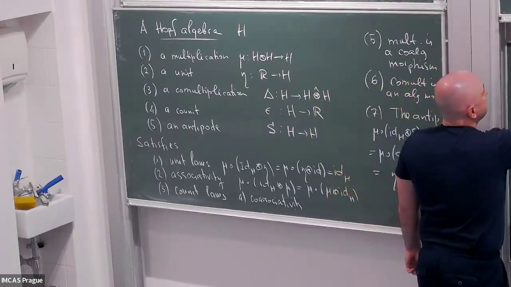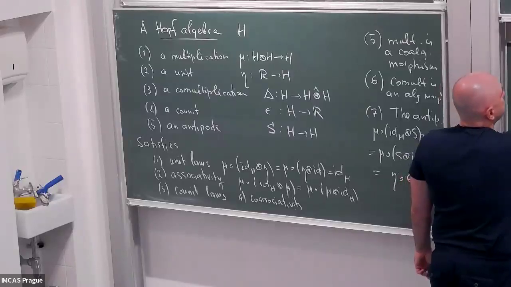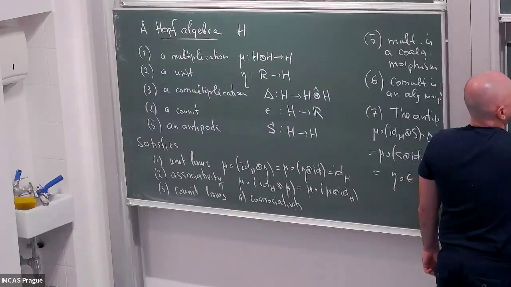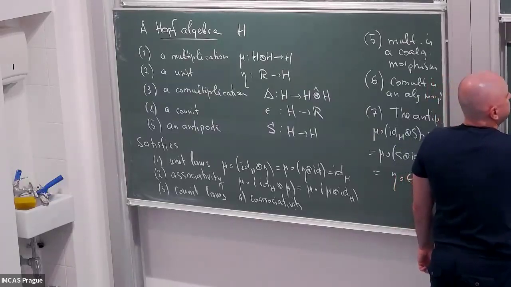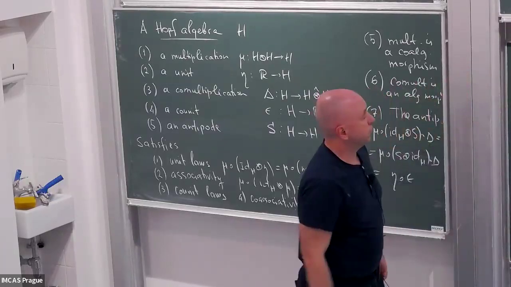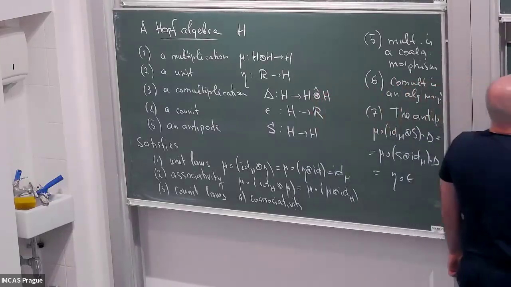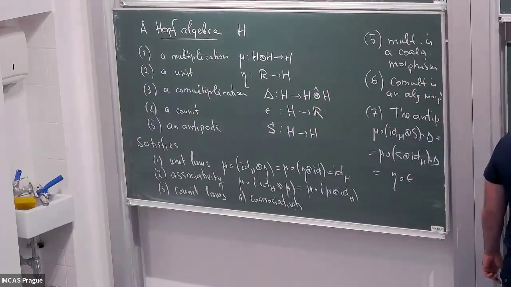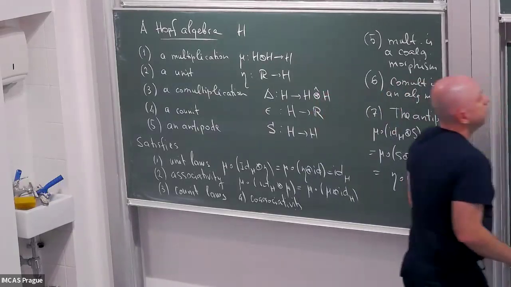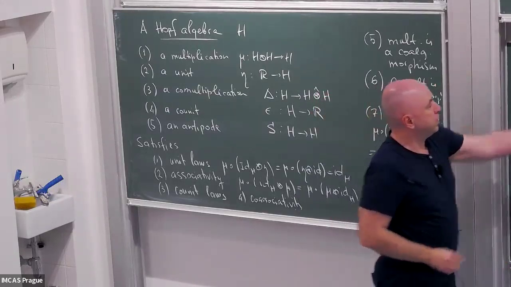So suppose we have a Lie group, suppose we have a group G, and take as H the space of functions, the commutative algebra of functions on it. Then in the group there is a map G cross G to G, which gives us precisely the co-multiplication here, right?